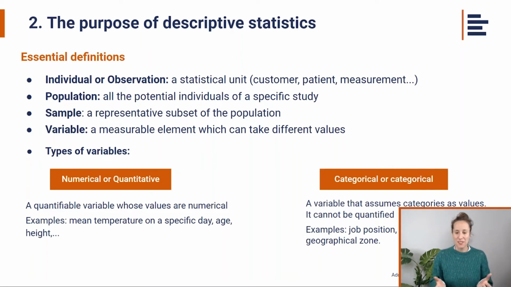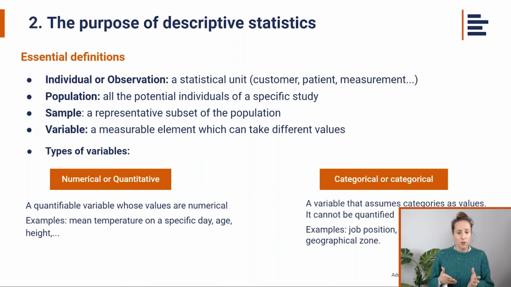So let's start the main theme of this webinar, which is descriptive statistics. Before presenting you some use cases, let's go through some essential definitions, like the individual observation, population, sample, and this kind of stuff.